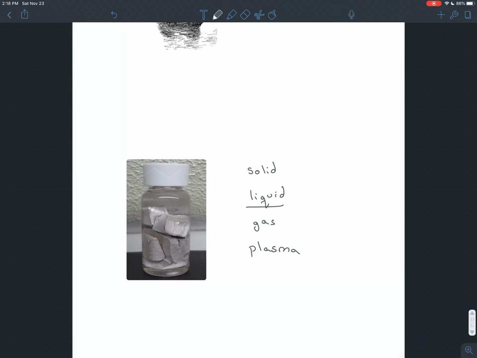Liquids are where molecules will stick together, but not in a rigid pattern. They'll sort of brush against each other, roll around each other, but they'll still stick together. In gases, the molecules don't even stick together, they're bouncing around. And a plasma is where atoms don't even stick together. So a plasma is like a potpourri of electrons, protons, and neutrons that aren't stuck into or organized as atoms.